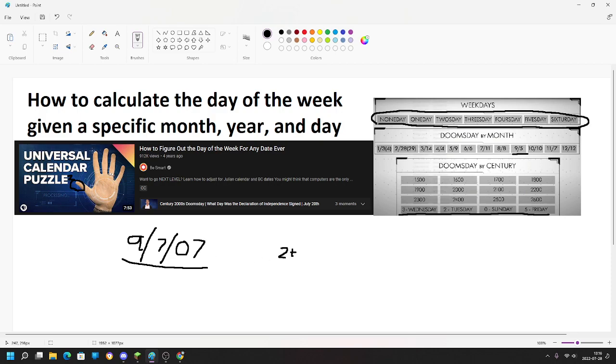Plus then the index finger is for the century code, because 2000 is a Tuesday. I'm making so many mistakes. Since it's a 2, the century code is 2, so 2 goes right here.